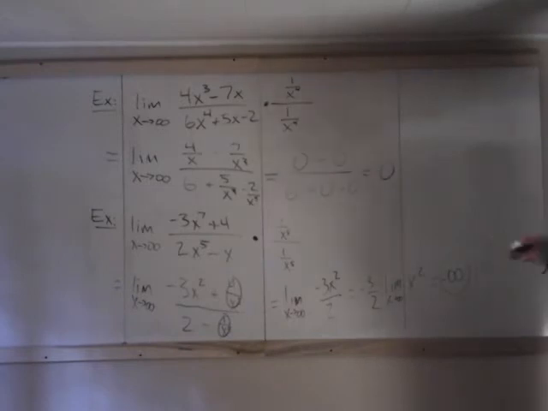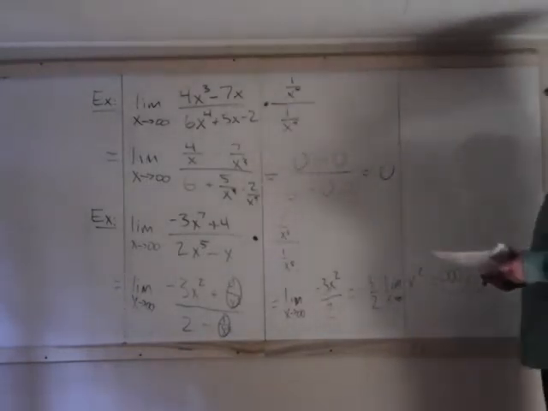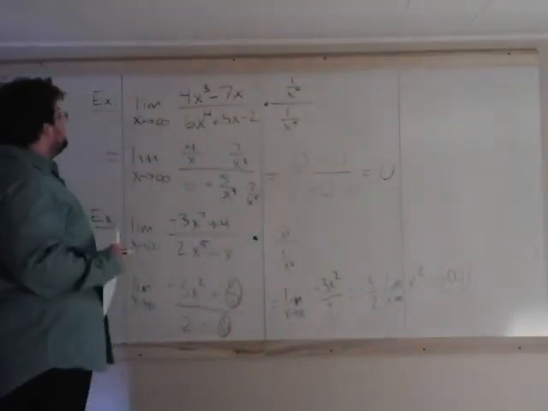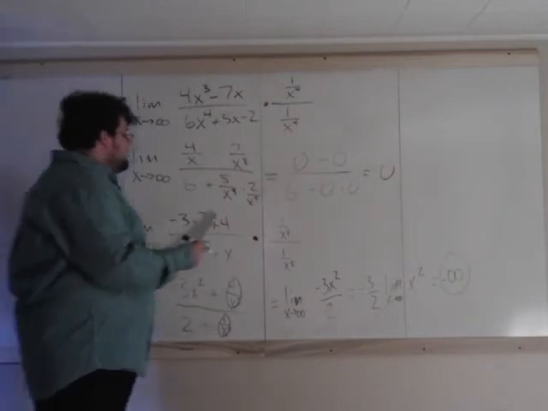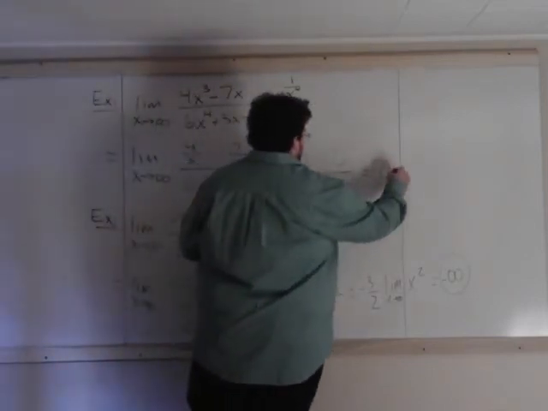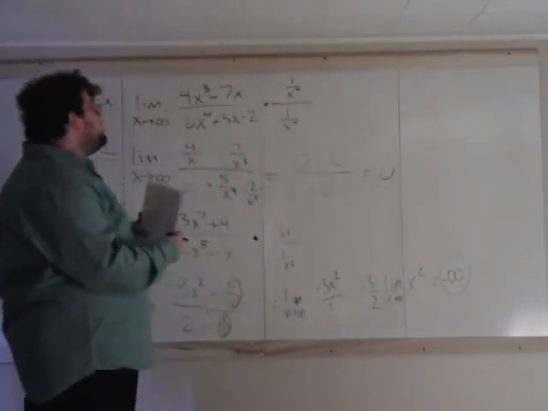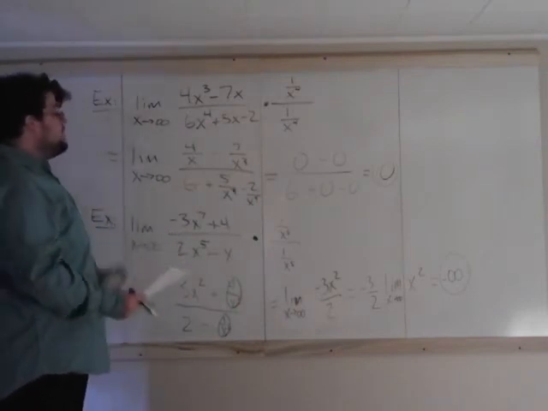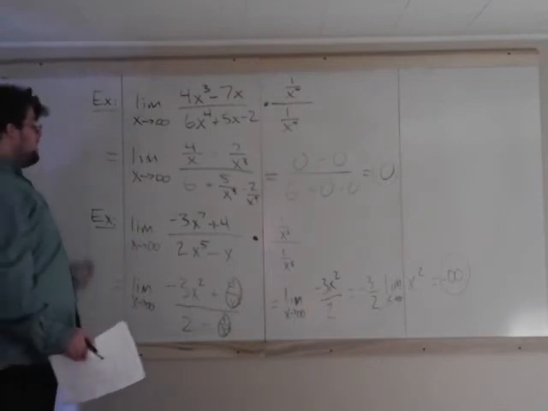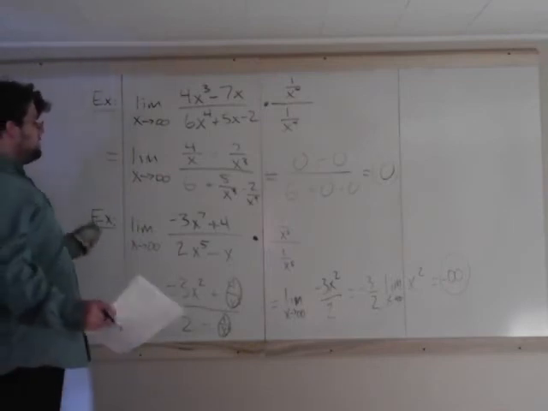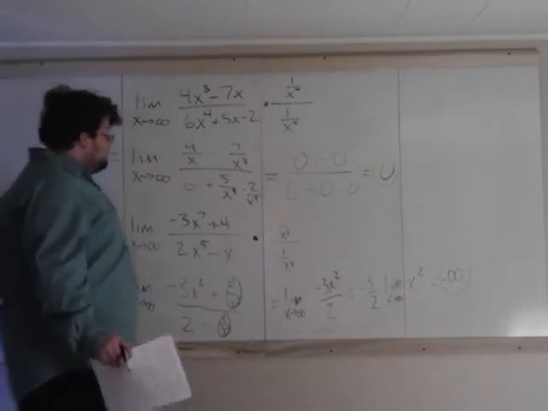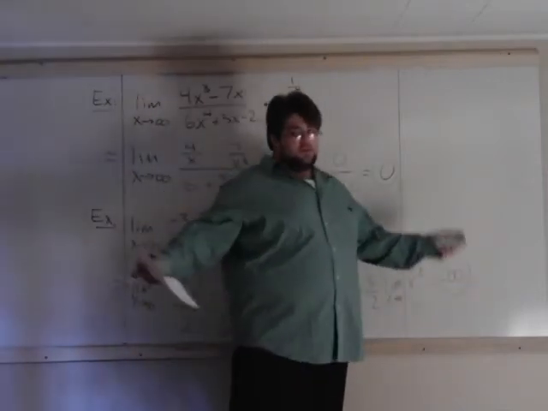So we've had 4 examples. In the first 2, the degree on top equaled the degree on the bottom. In the third one, the degree on top was less than the degree on the bottom, and we got a limit of 0. That will always happen when the degree on top is less than the degree on the bottom. Down here, the degree on top is larger than the degree on the bottom, and we got an infinity, meaning positive or negative infinity.